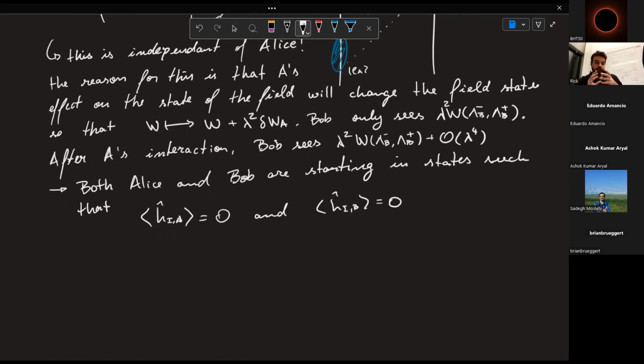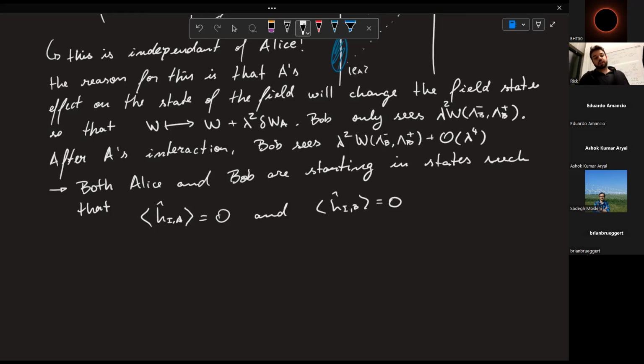Because first the field has to affect Alice's state a little bit toward her lambda, then Alice's state change toward the lambda. Now we'll make this expected value be non-zero, but this expected value will be of order lambda squared in the end. When you do the product of the Hamiltonian with itself in the time evolution operator, you get something which is of order lambda squared.